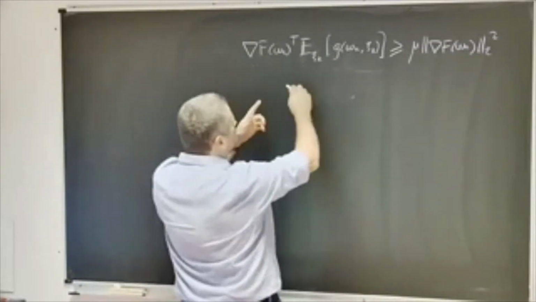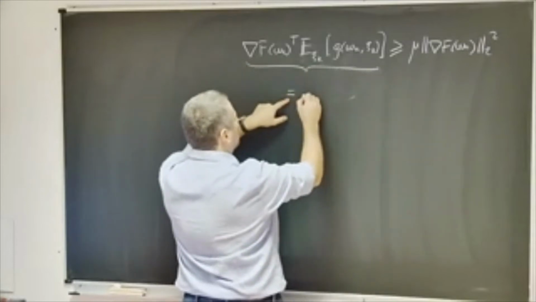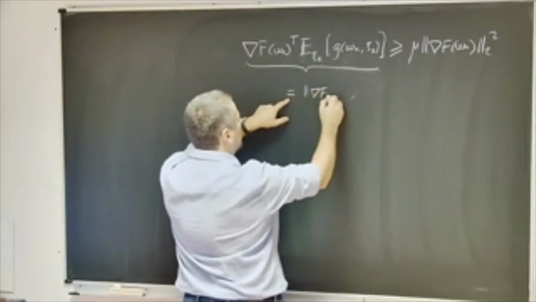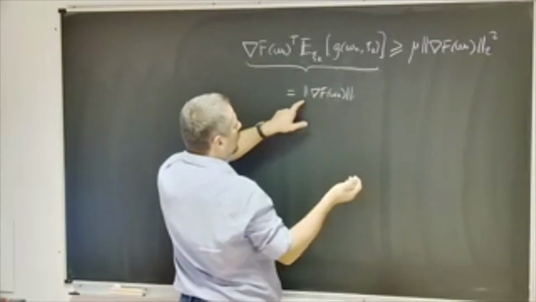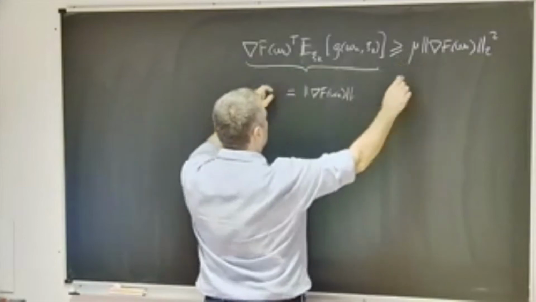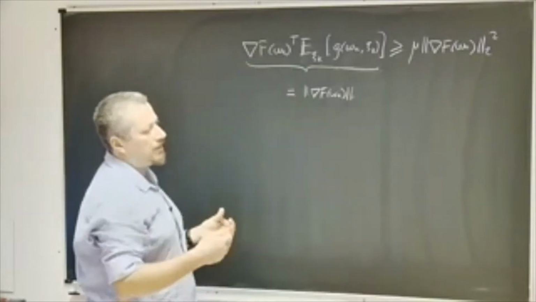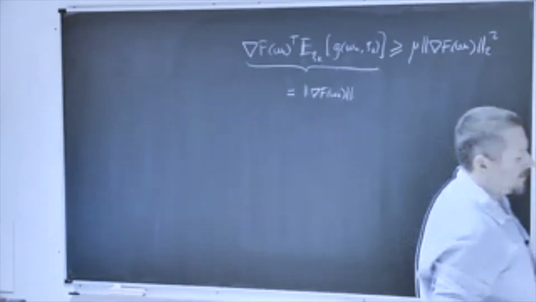So what we can do, instead of writing this as the norm squared of the gradient of f at omega_k in the proof of lemma 2, is just say this is bigger than or equal to mu times this. And it's under a negative sign, so lemma 2 follows very easily by using this.